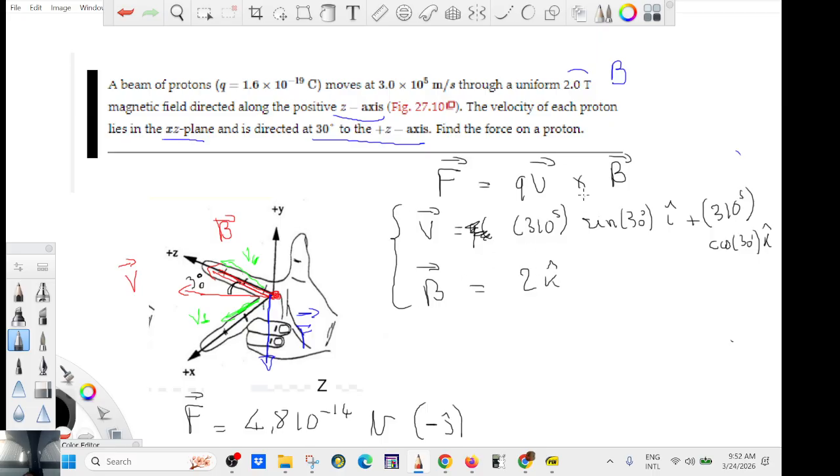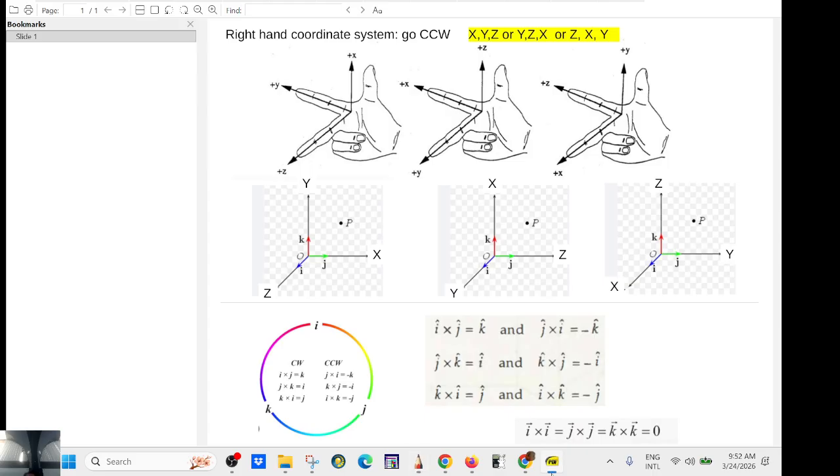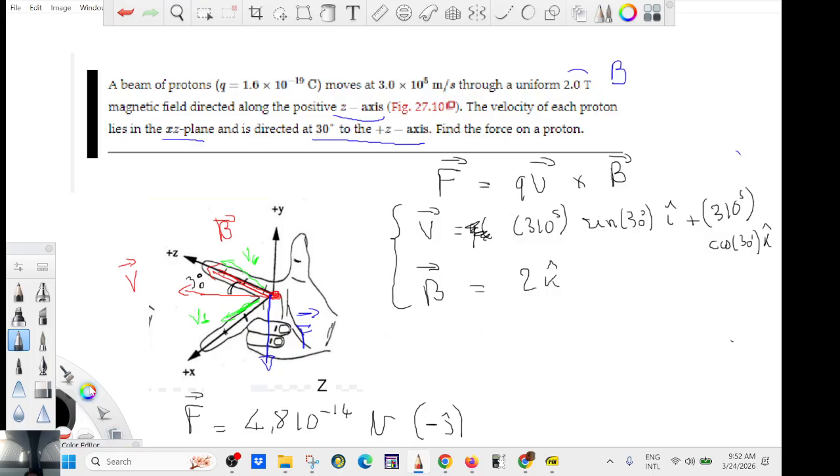Okay, so what they do, they're going to use the definition here, with i, j, k and so forth and so on. So this is more calculus, right? So if you do that, F equals Q, and then you have V, right? So it's going to be 3 times 10 to the 5, and then it's going to be sine 30 i hat plus cosine 30 k hat, and you cross that with 2 k hat.